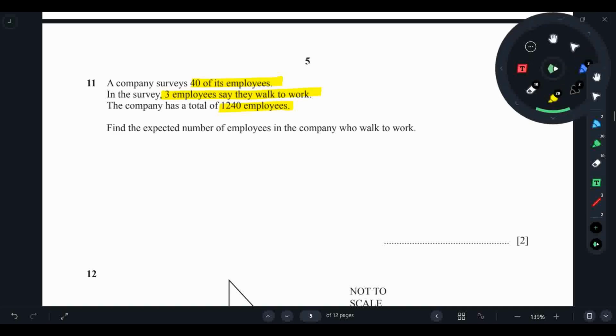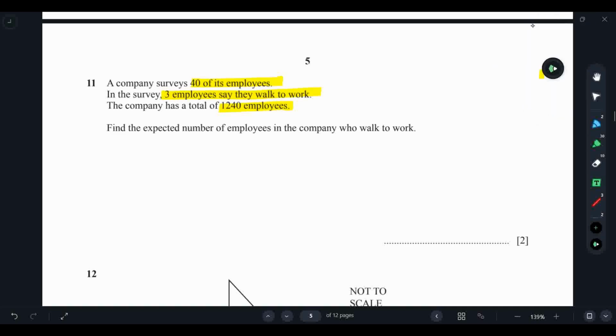Now we can use the ratio concept: for 3 employees who say they walk to work, 3 by x, out of 1240, they say that they have surveyed 40. Now if we cross multiply, this is the concept of the ratio.